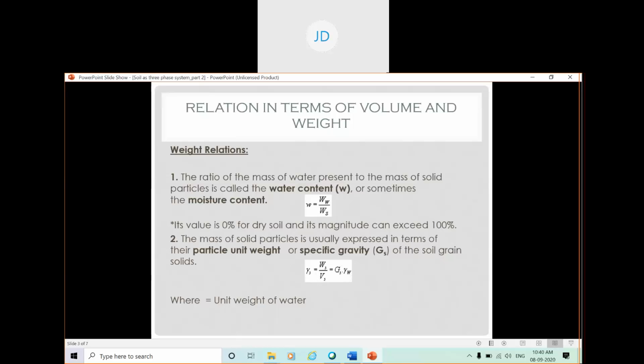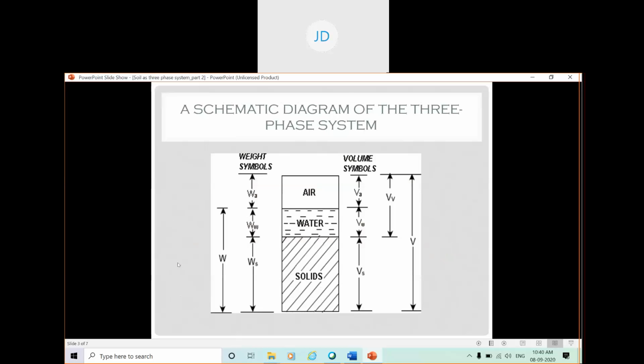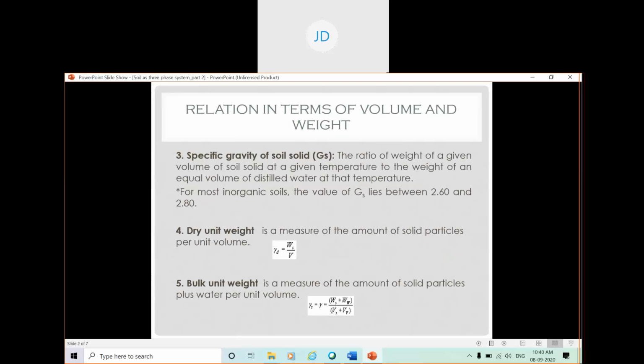I think you have got this right. So specific gravity for inorganic soil varies from 2.6 to 2.8. Okay, so for most of the inorganic soil, the value ranges from 2.6 to 2.8, and it's unitless.